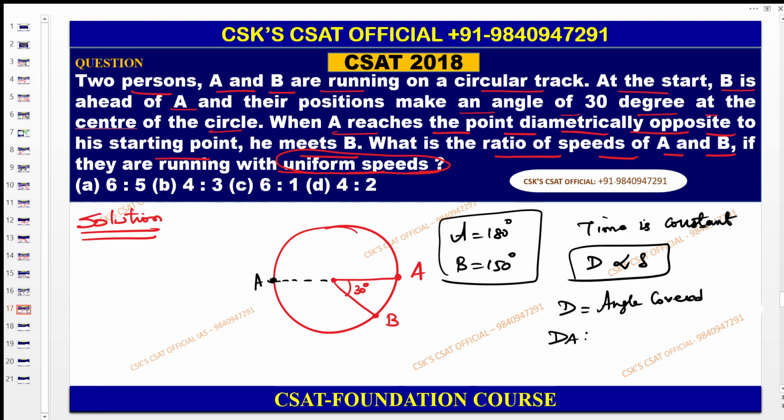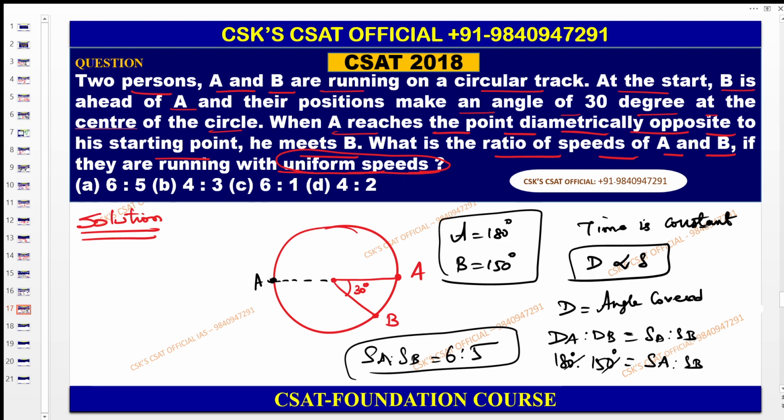So 180 is to 150 is equal to their speed ratio. You can cancel the zeros, and then cancel with 3: 3 sixes are 18, 3 fives are 15. So the answer for this question is 6 is to 5.